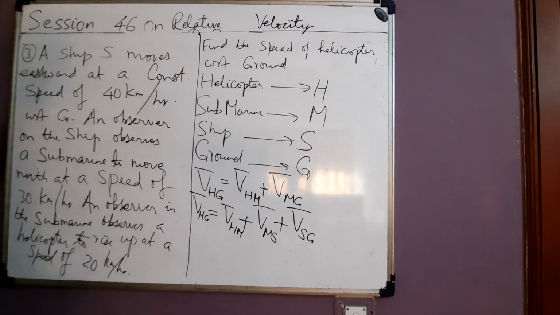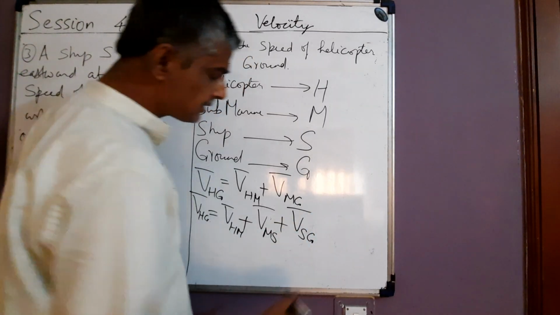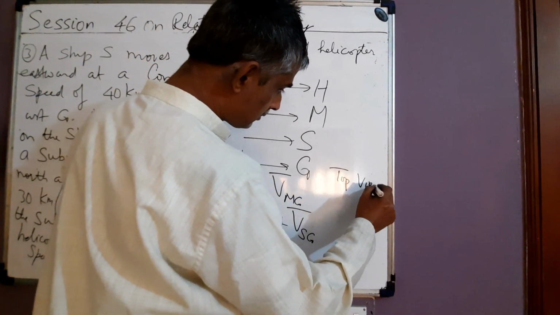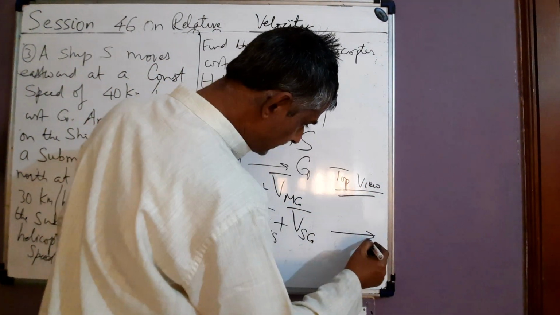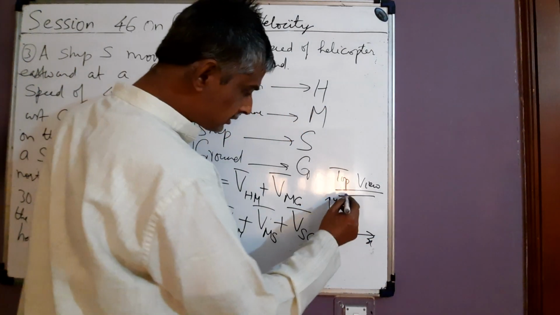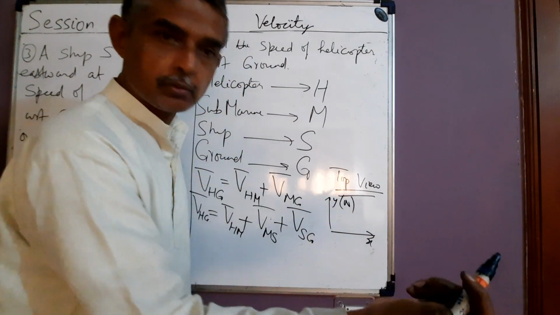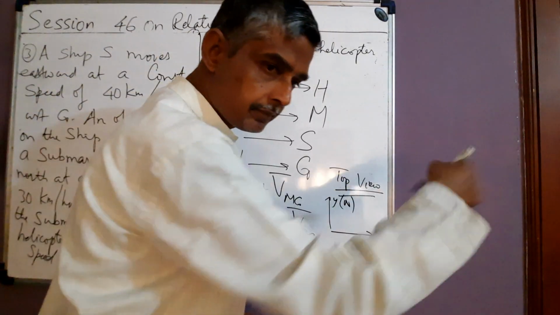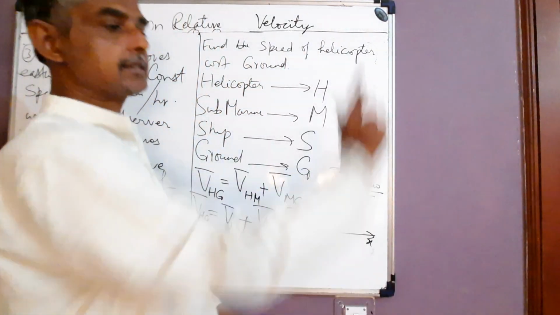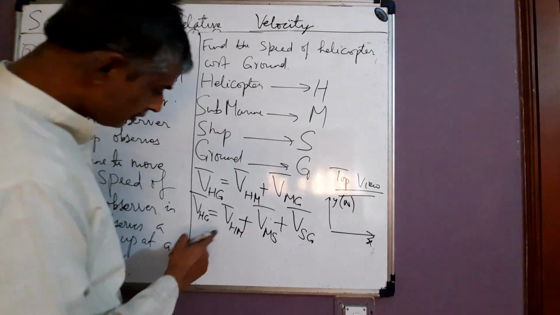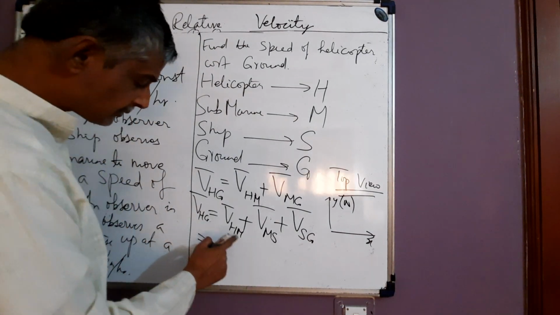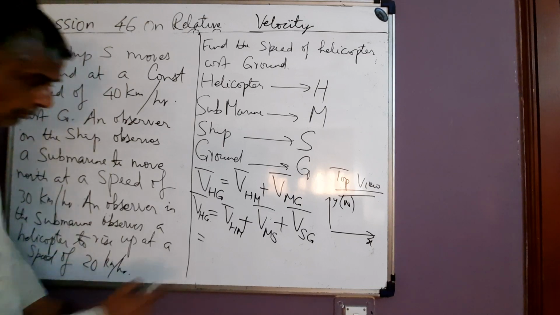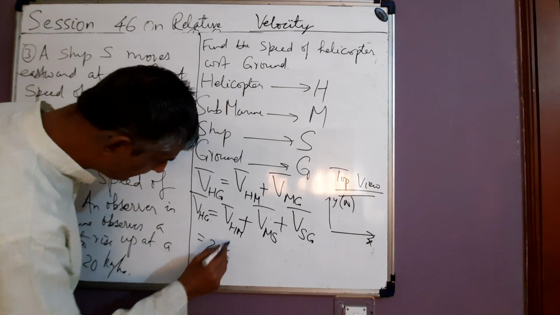For convenience, I will take a coordinate system and show this in top view. This is the x-axis eastward, this is the y-axis northward, and the z-axis is upward. Is it clear? So VHM, velocity of helicopter with respect to submarine: it rises up at 20 km per hour, so this becomes 20 k hat.